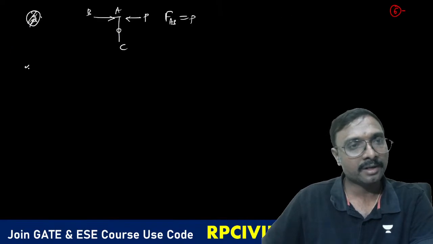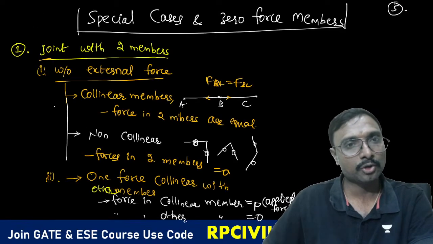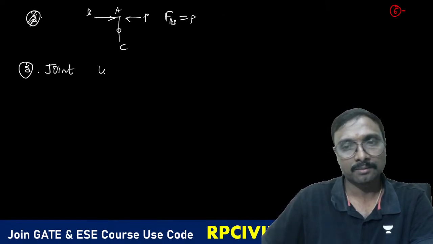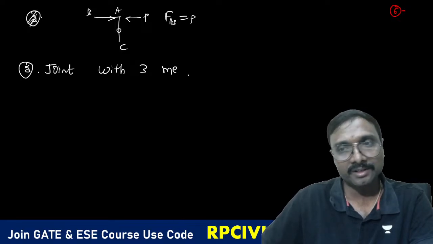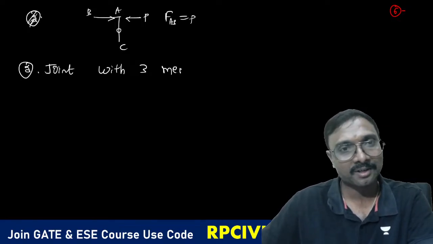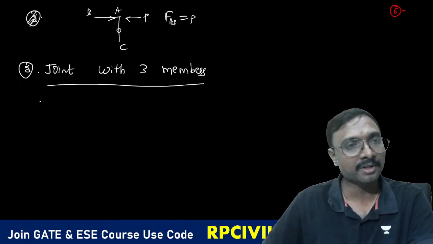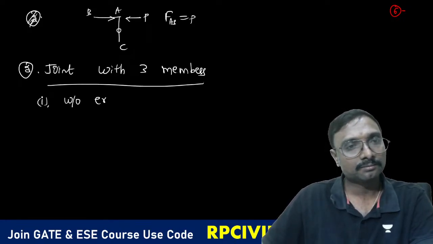Like that. Second one, what is it, you can say: joint with three members. It has gone. I just pressed, I don't know what happened. Joint with three members, right? First one, with external force or without external force? Without external force, right?